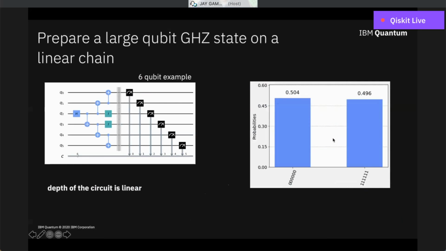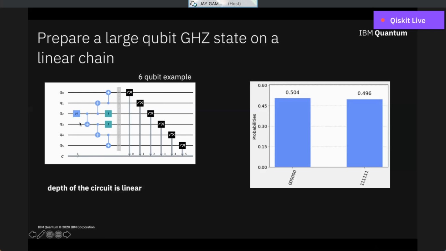Here's another example, which I'd like to thank Andrew Cross, one of my colleagues who helped put this together. Imagine I want to make a very large entangled resource state, which we call GHZ states, which is all the qubits in 0, 0, 0, 0, and all the qubits in 1, 1, 1, 1. Okay. So if I just had a linear chain, I would have to go through and make, say, the first qubit here and create it in a superposition.